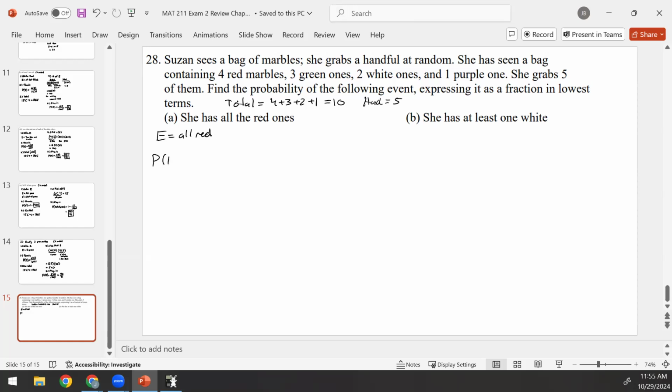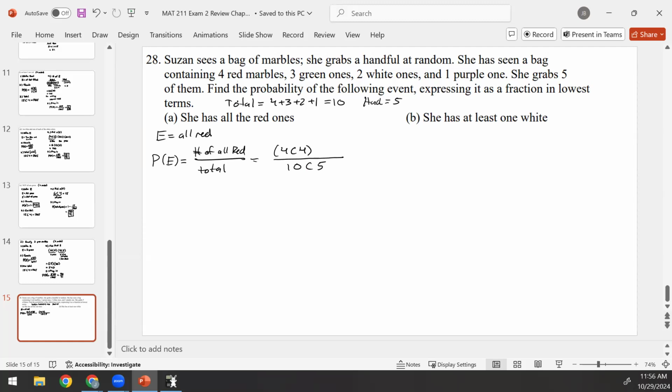So then the probability of E is equal to the number of all red over the total. So the total is I need 10 marbles and I'm choosing 5 of them. So 10 choose 5. That's going to be the total for all of them. And then how many red marbles do I have? I have 4 red marbles. How many am I grabbing?